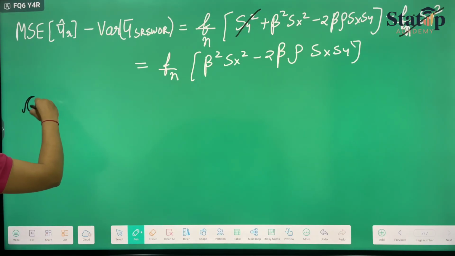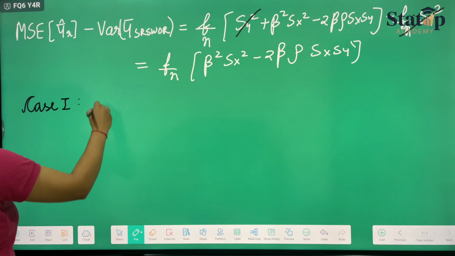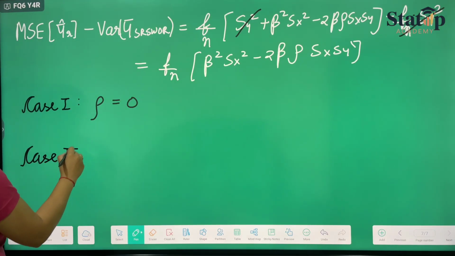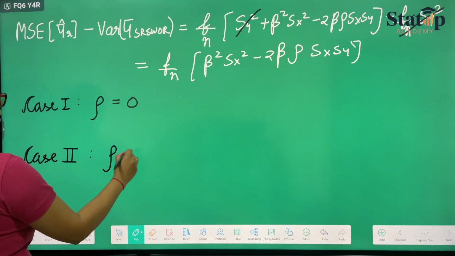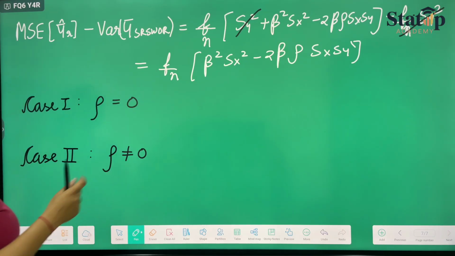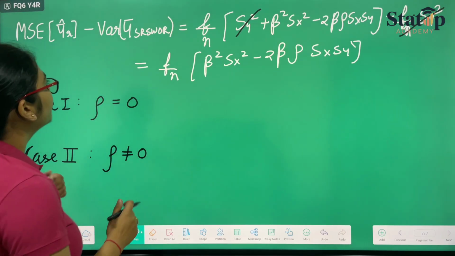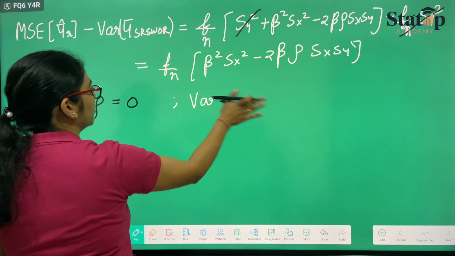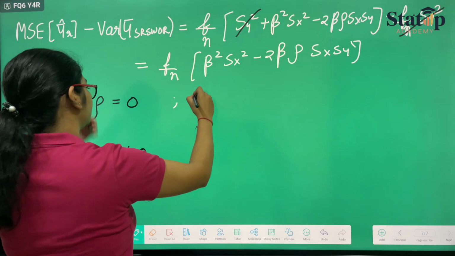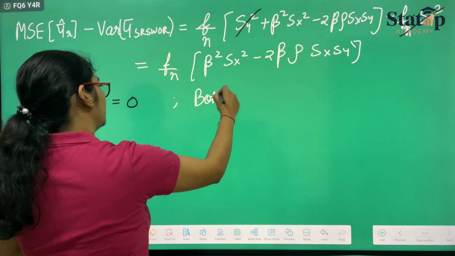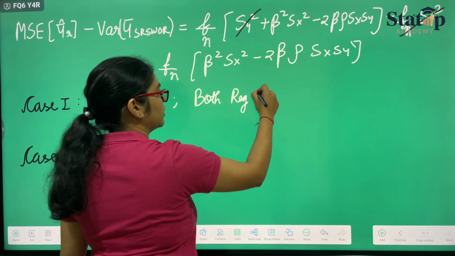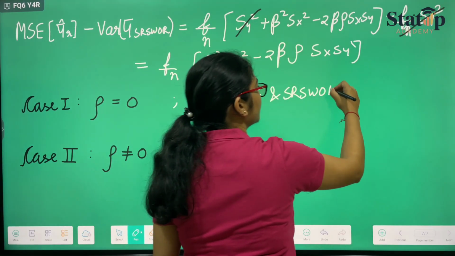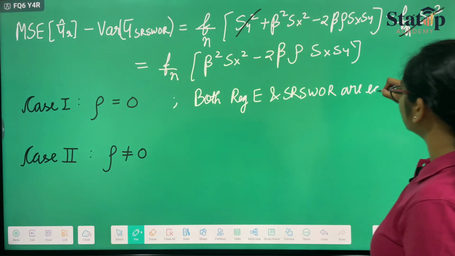Case 1, when rho is equal to 0, and case 2, when rho is not equal to 0. When rho is equal to 0, then we know that, or simply write that, both regression estimator and simple random sampling without replacement are equally efficient.